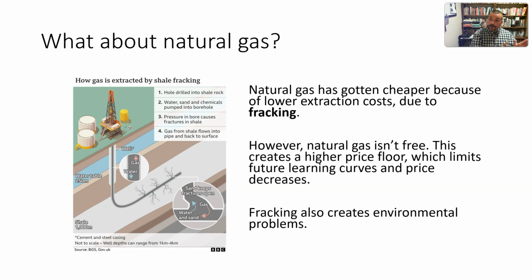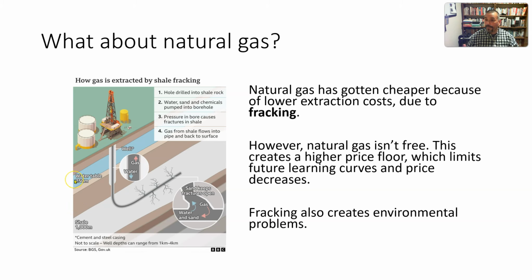When fracking technology first started to get researched in the 1970s, like a lot of our other technologies that we've discussed, it was incredibly expensive. And so it didn't make sense for most people to try to get natural gas out of the ground in this way. However, in the 2000s and 2010s, when natural gas prices started to increase, there was suddenly a lot more interest in fracking. And so what ended up happening is that we started to build more and more fracking operations.